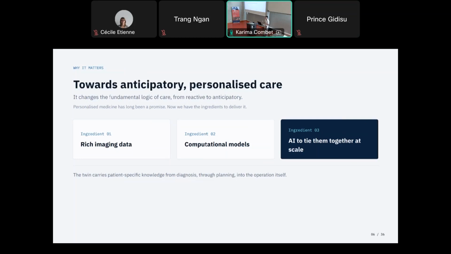We can merge all this data in a single entity we can call the medical digital twin, representing the patient at one state, at one time, and we can use it to simulate, to interact with this twin, and to perform, we hope, surgery better.